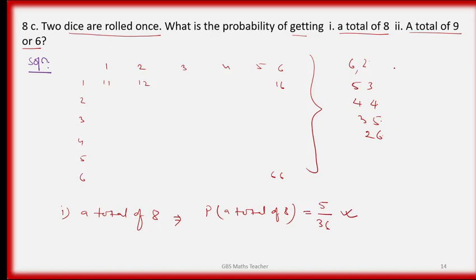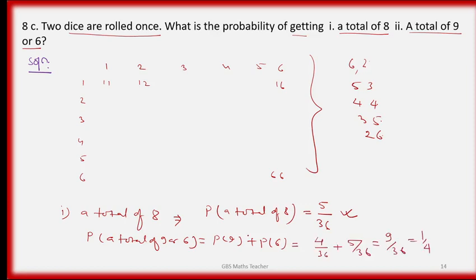So probability of getting a total of 9 or 6, that is probability of getting sum 9 plus probability of getting sum 6, you can add. 4/36 plus 5/36 equal 9/36 equal to 1/4. यो 4/36, 9 सम हुने त तिमीलाई थाहा छँदैछ होला. 9 सम: 6 र 3 हुन्छ, 5 र 4 हुन्छ, 4 र 5 हुन्छ, 3 र 6 हुन्छ. यो चारवटा हुन्छ. 6 सम हुने 5 र 1, 1 र 5, 4 र 2, 2 र 4 and 3 3, 5 वटा स्याम्पल हुन्छ. That's why this is the required probability.